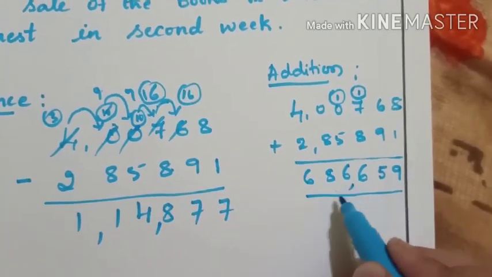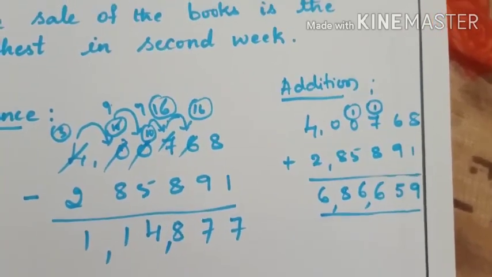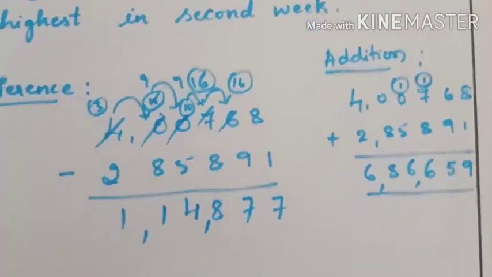Right? So together the total sale is 6,86,659. Okay, you can write down here.